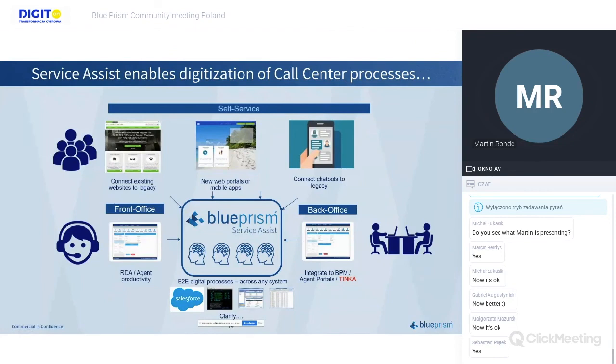So it's also possible, if the call center agent is using, for example, an intranet site, something like this, we can integrate here and work in this frame or whatever. And with these technologies, we are always able to have the APIs for other portals, mobile apps, and for example, for chatbots, so that they can work with internal legacy applications, which in normal cases is not possible, as we heard.